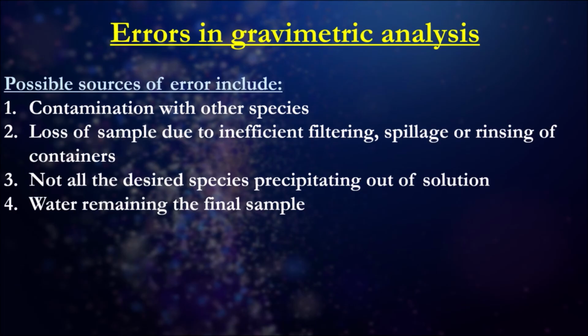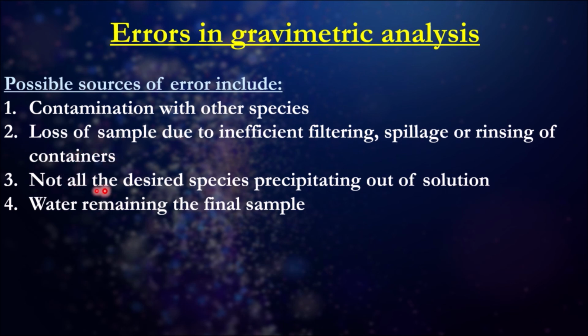I guess one of the last things we can talk about is what are some potential errors that could come from gravimetric analysis. And the main point is contamination of other species. So not having clean vessels for the reaction. There could be potential loss of sample due to ineffective filtering, spillage, or rinsing of the containers.